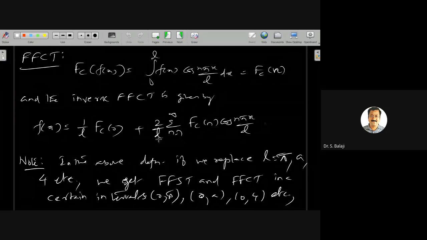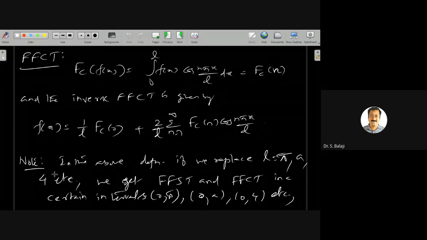Because you are removing this 2 by L, we have to multiply by 2 by L, that 2 gets cancelled, therefore you can write 1 by L fc of 0 plus 2 by L summation n equal to 1 to infinity fc of n cos(n pi x by L).